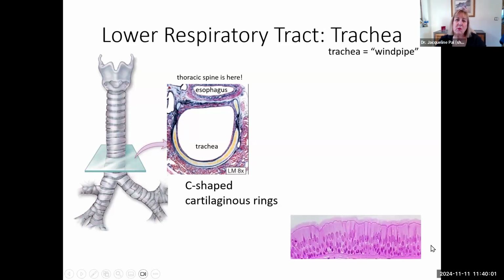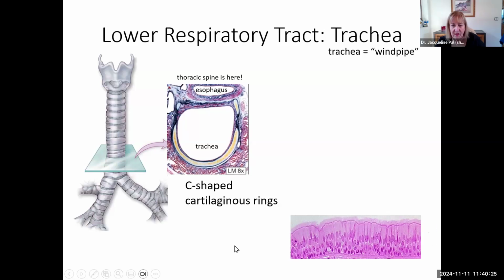All right, so here's what the epithelial lining of the trachea looks like. So look at this and see if you can figure out what the epithelium is, because we've covered epithelium multiple times. As we go through all these organ systems now, you should be able to look and figure out the epithelium. Do you notice that there are long cilia on the surface?